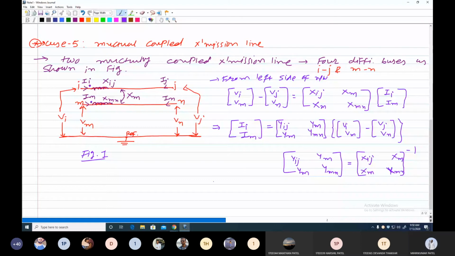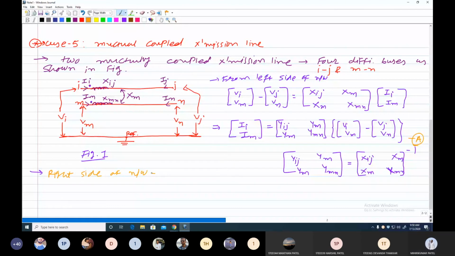In the same way, just help me to write down the equation from the right side of the network. Directly, this is equation A. Similarly, we have to write equation B from the right side.